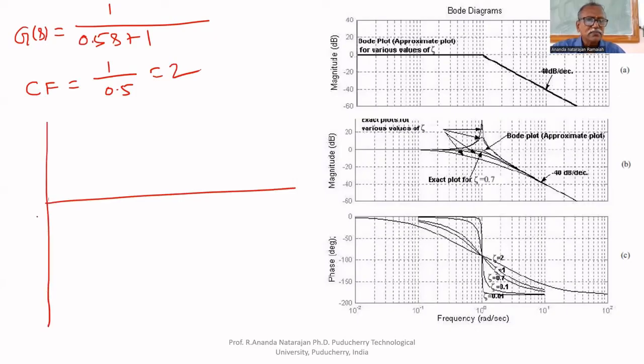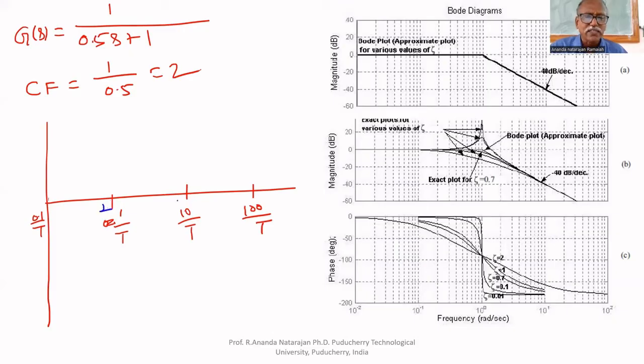here, what is that? 0.1 by t. This is what? 0.1 by t. This is 1 by t. This is what? 10 by t. This is what? 100 by t. Now 1 by t equal to 2. Therefore, this becomes 1 by t becomes 2.